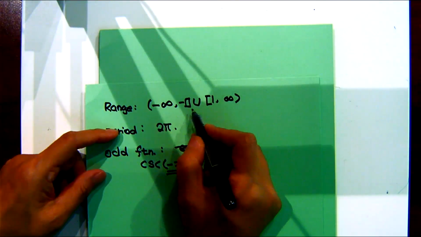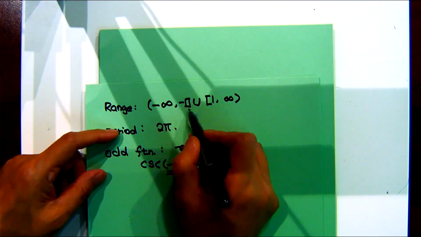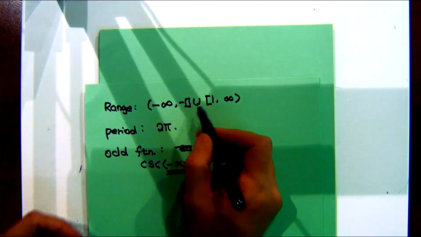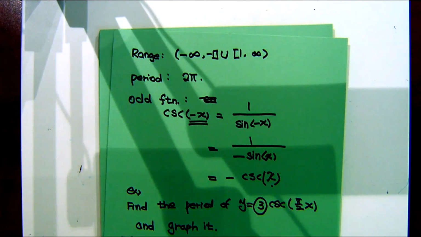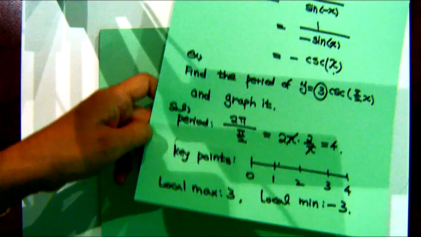Yeah, so this is -1. It includes -1. So let's draw the sine graph and then let's flip it.